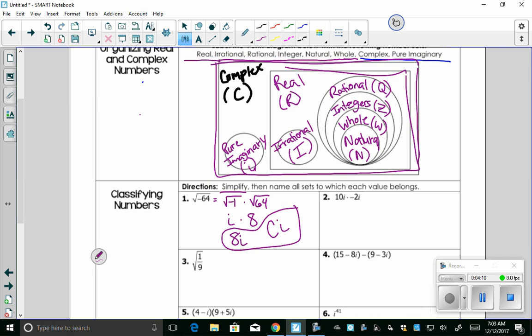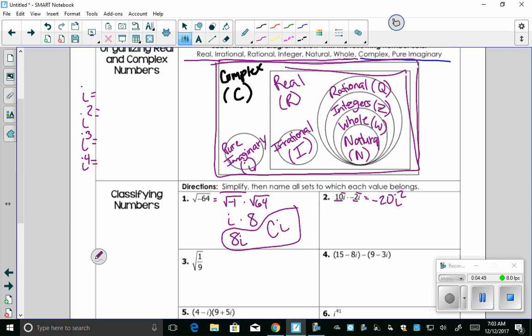Number 2: 10i times -2i. Okay, I have to multiply my numbers together. 10 times -2 gives me -20. And then multiply the i's together. i times i gives me i squared. Now, if we remember the diagram with the 4 i's, and you remember what I say, and if you choose to use something else, great.